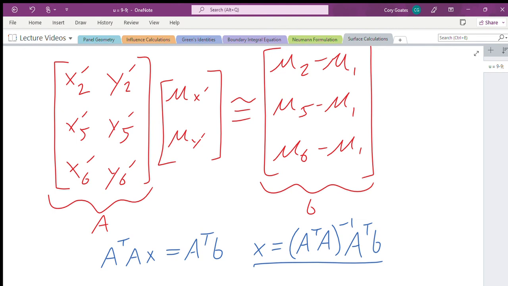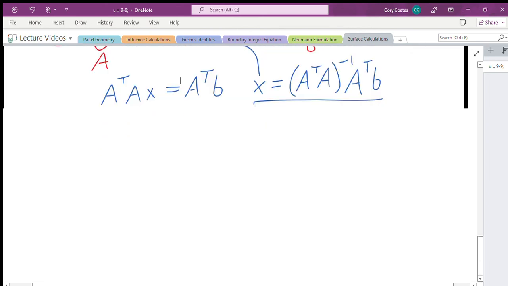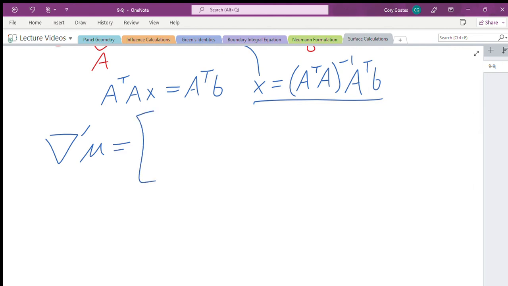Okay, so once you get that, this x vector that you get out of your solution will be this right here. And you can take and plug that into a vector, again, where we say our gradient in the local frame of mu is equal to mu x prime, mu y prime, and 0, where these we calculated from our least squares.